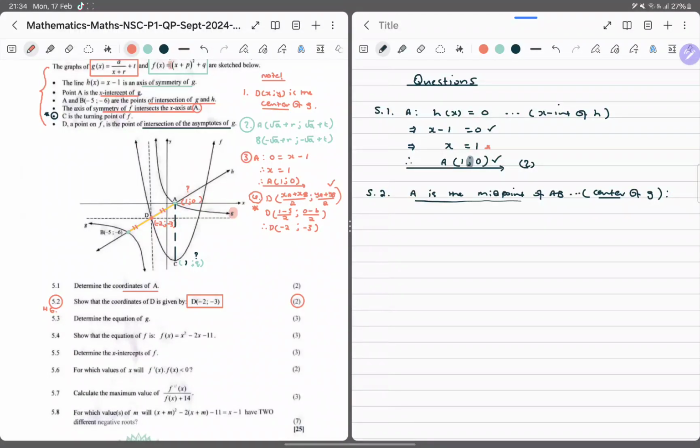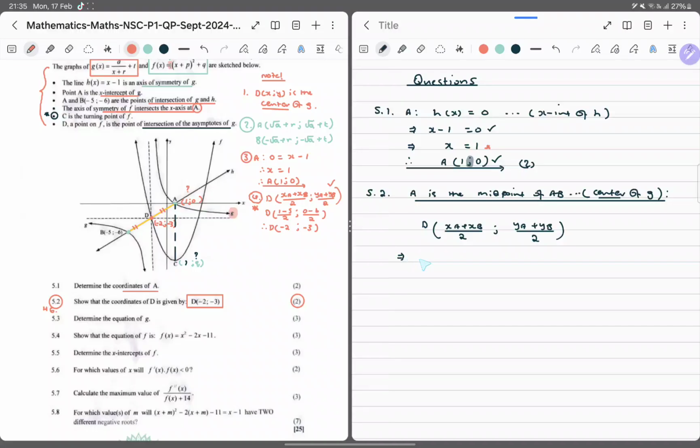This is a very big statement we need to underline. Such that we know that D is going to be (x at A plus x at B over 2; y at A plus y at B over 2). Please show these formulas before you substitute.